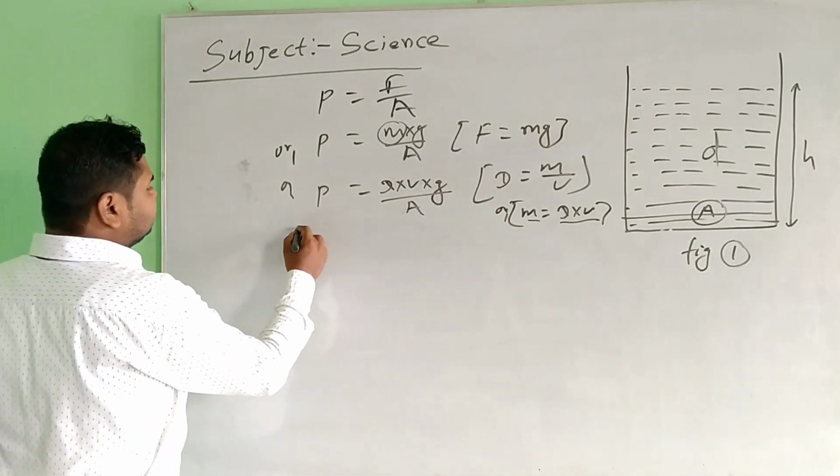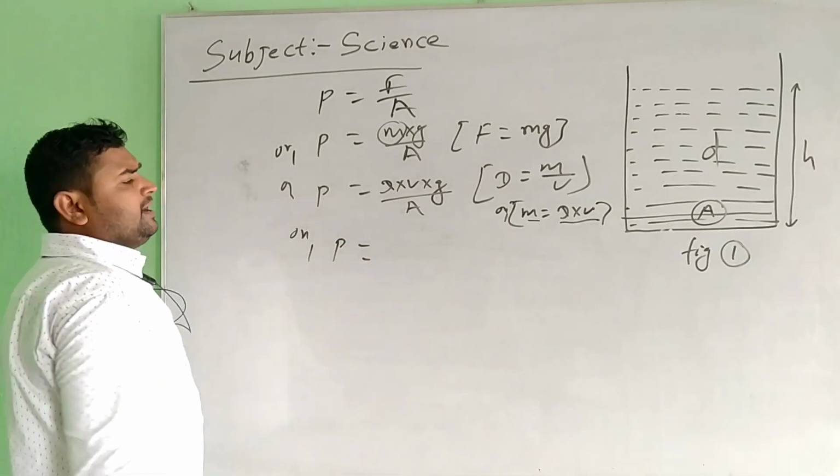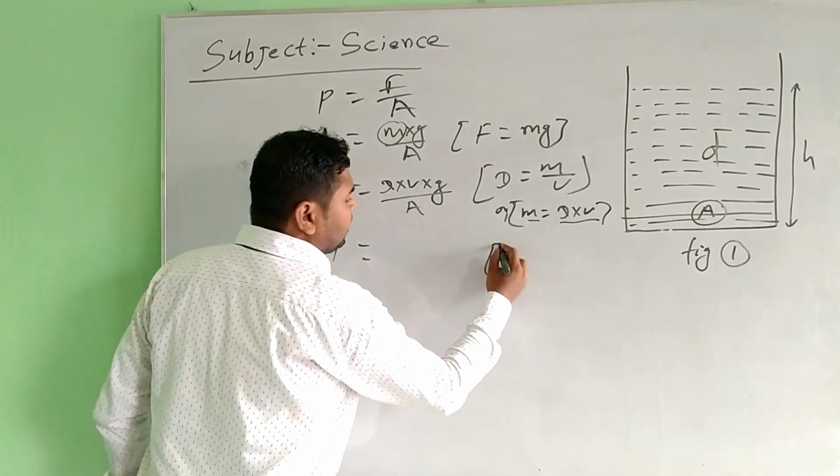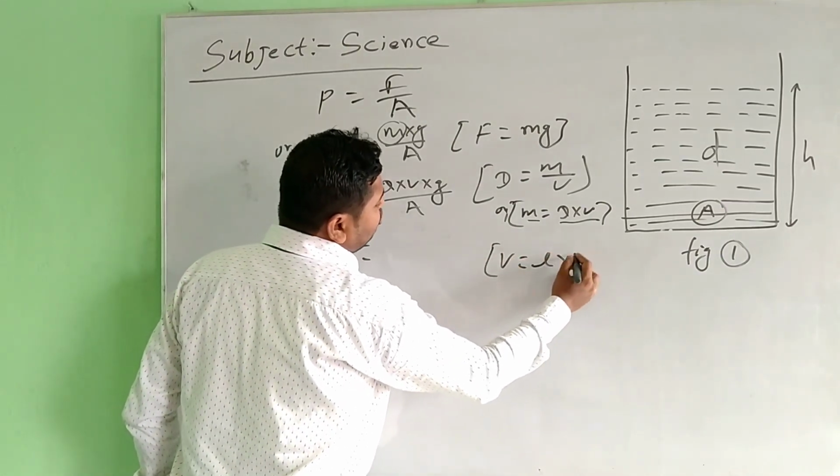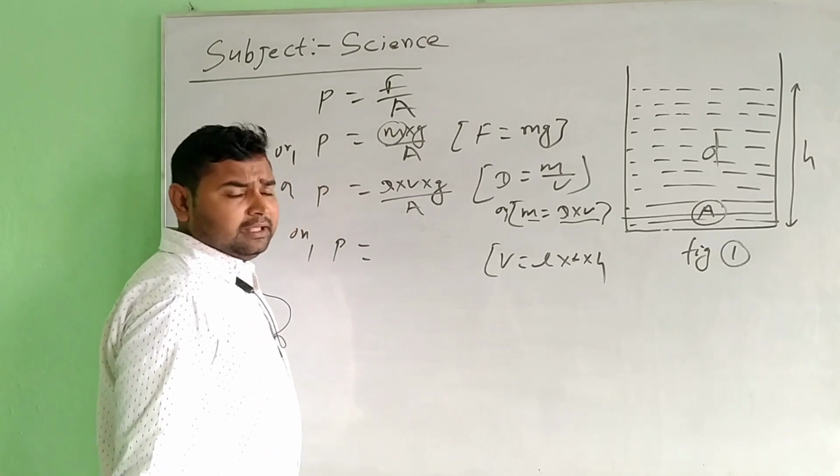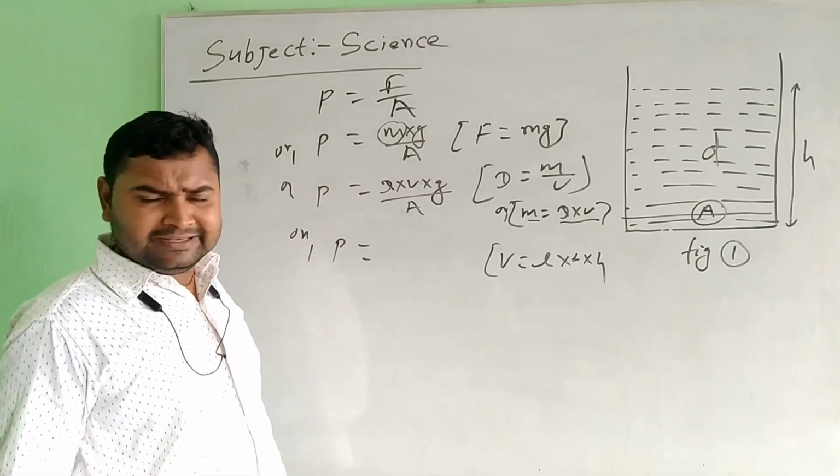Now, what is the formula of volume? L into B into H, length into breadth into height.